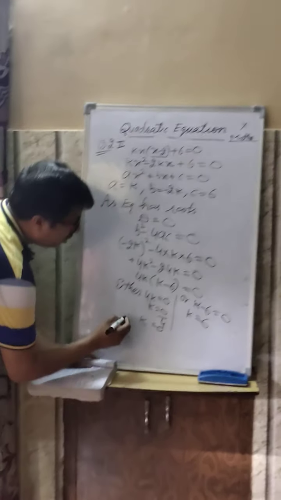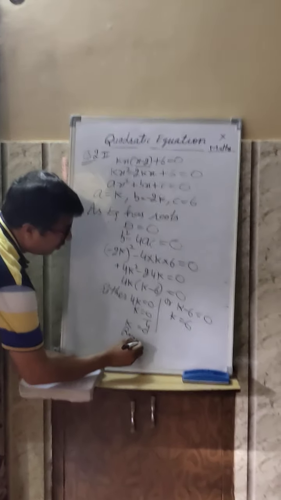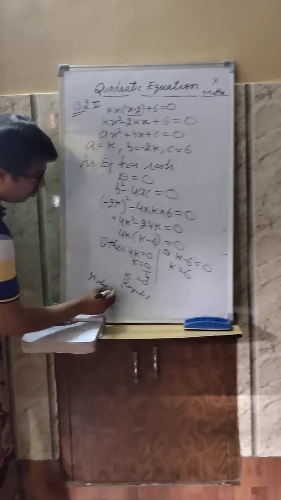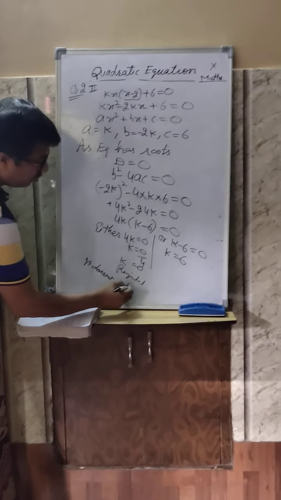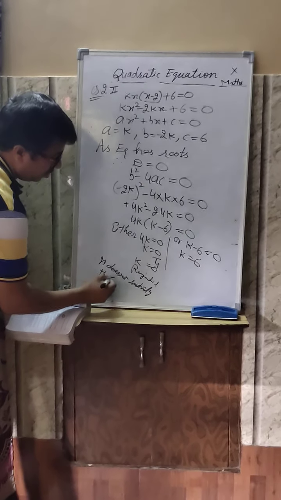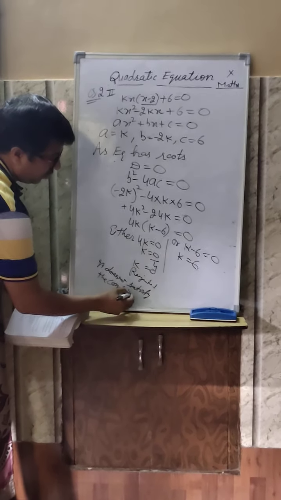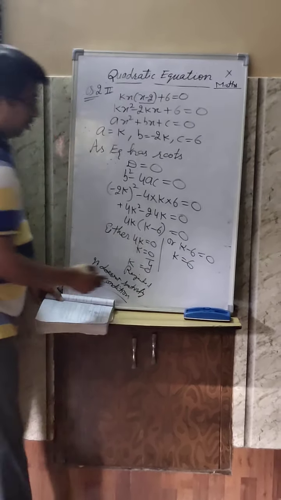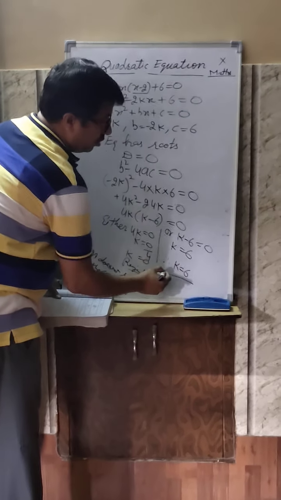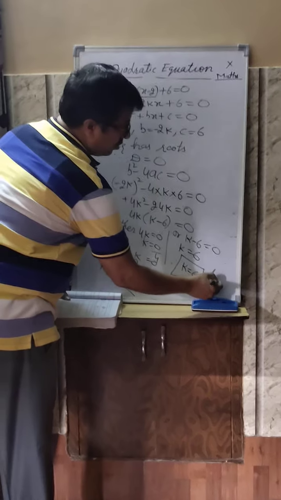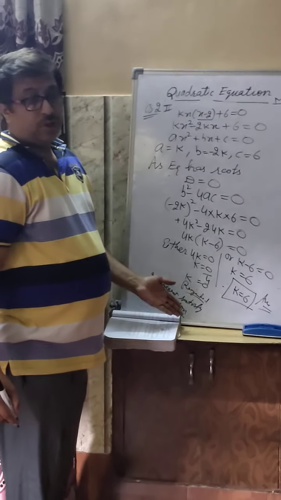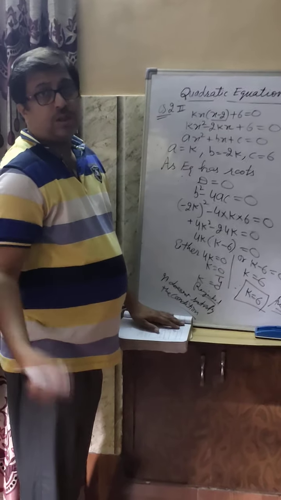So it is rejected, because it does not satisfy the condition. So the value of k equal to 6 is the answer only. Don't say there are 2 answers. If you take 2 answers, then half marks will be cut in the exam.